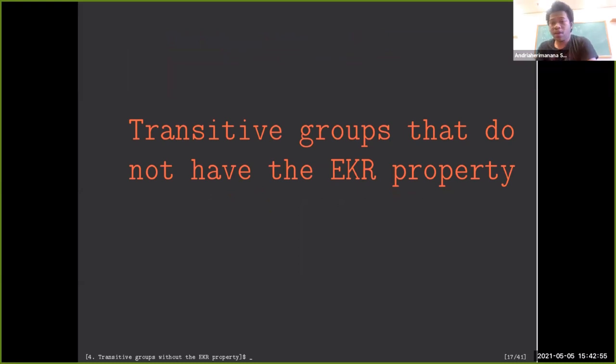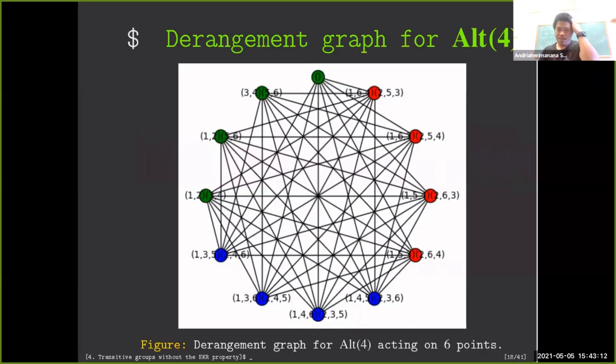And in the talk on Monday, Karen was focusing on groups that have the EKR property. And in this talk, I'm going to talk more about the groups that do not have the EKR property. And the natural examples are groups that have derangement graphs like this.